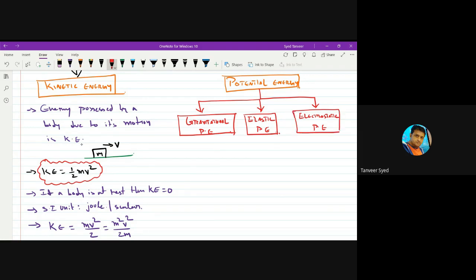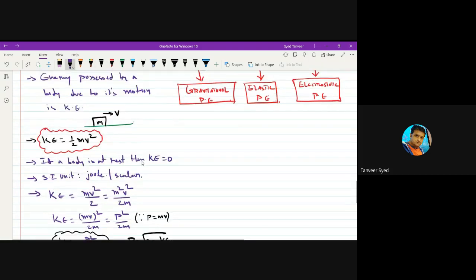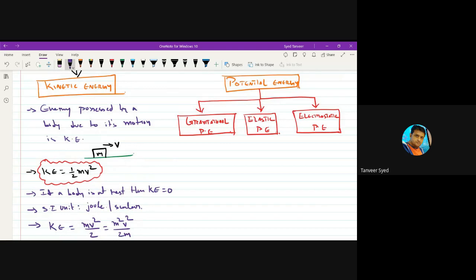Gravitational, elastic, electrostatic. How do we understand these different things? Simple. Gravitational potential energy is the energy possessed by a body due to its position.